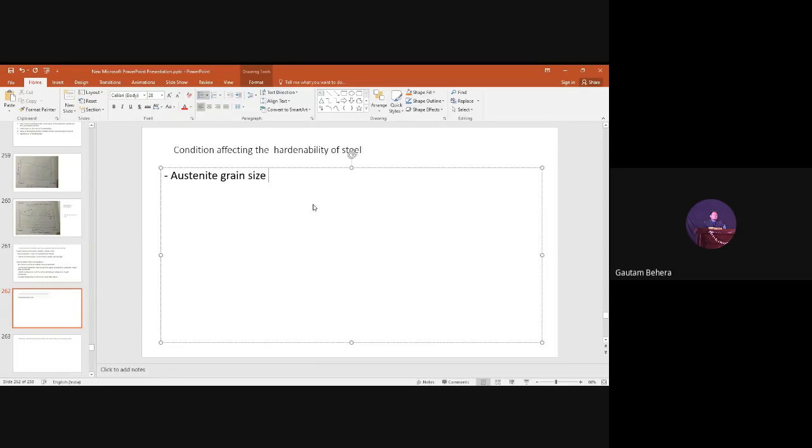The second is the presence of alloying elements. The third is the dimension of the steel.